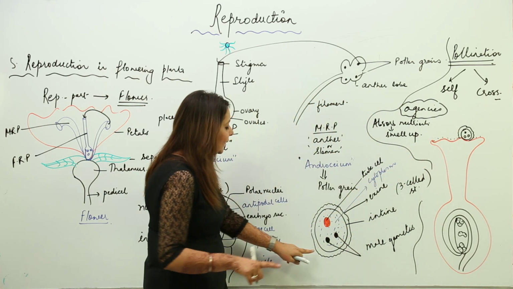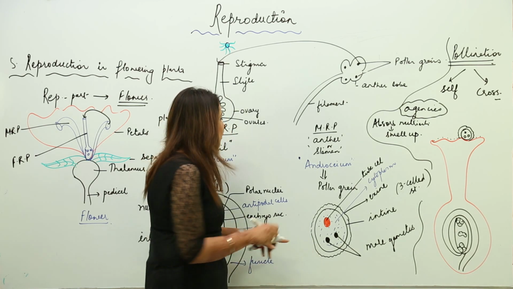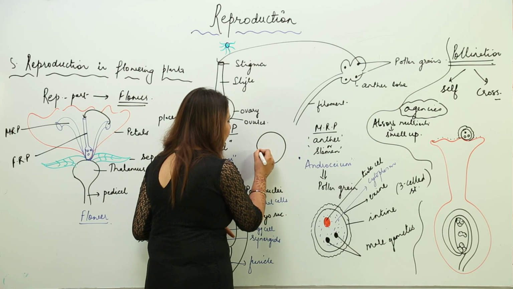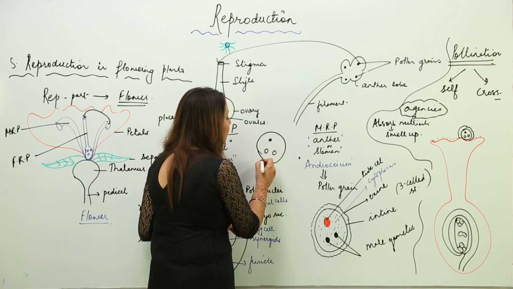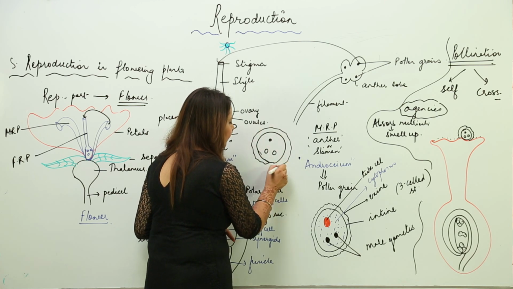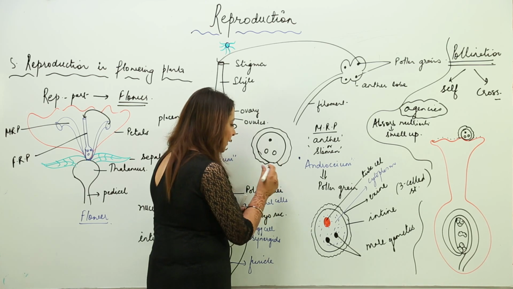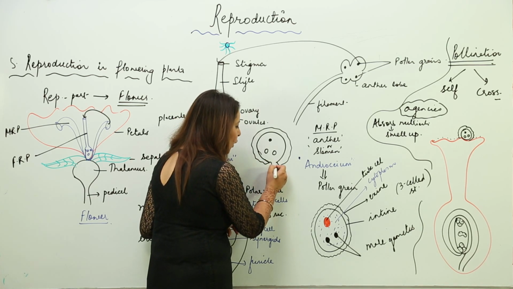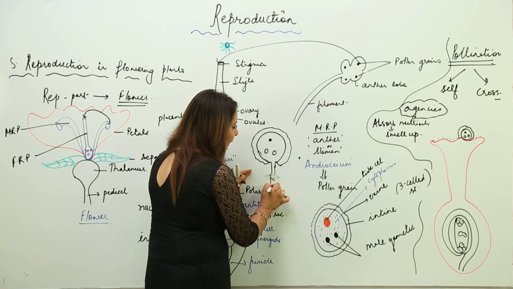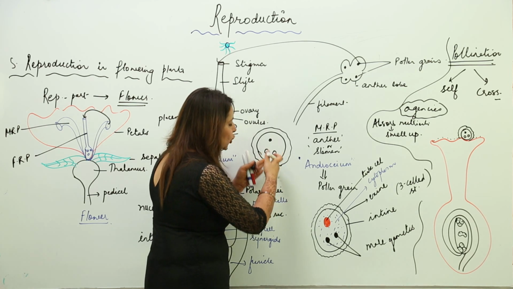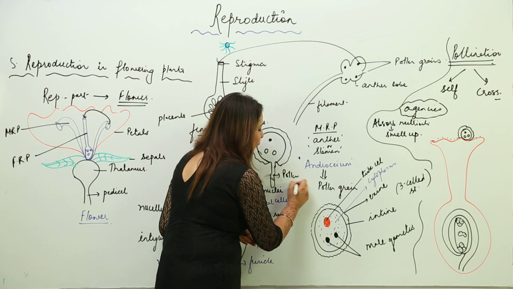I told you that this exine is inflexible, so it cannot expand actually. So when it gets swelled like this, let's say this is swelled, this is the tube cell, two male gametes, its exine gets ruptured. But the intine is flexible, so it starts protruding out, and day by day it becomes long, and finally this tube gets elongated, and you know that the special name for the tube is the pollen tube.